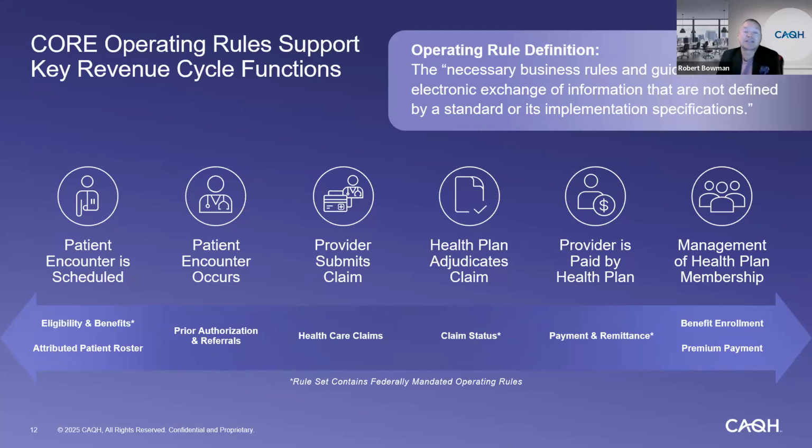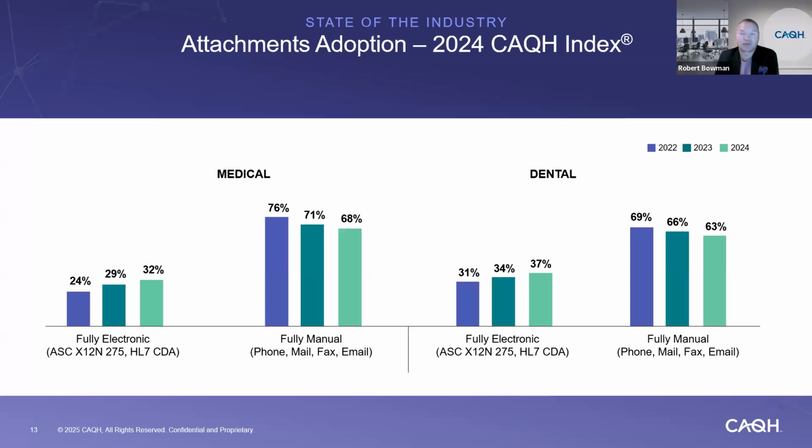So again, we're focusing particularly on the claims attachment today. And on the next slide, you'll see that since we published our rule in 2022, again, I get my dates messed up here. So been doing this for so long, right, Crystal? We've actually seen some significant improvements with plans, both on the medical and dental side, adopting electronic means to exchange attachment transactions and attachment data. From the latest issue of the CAQH Index, you'll see we've got an increase from 24 to 32%.